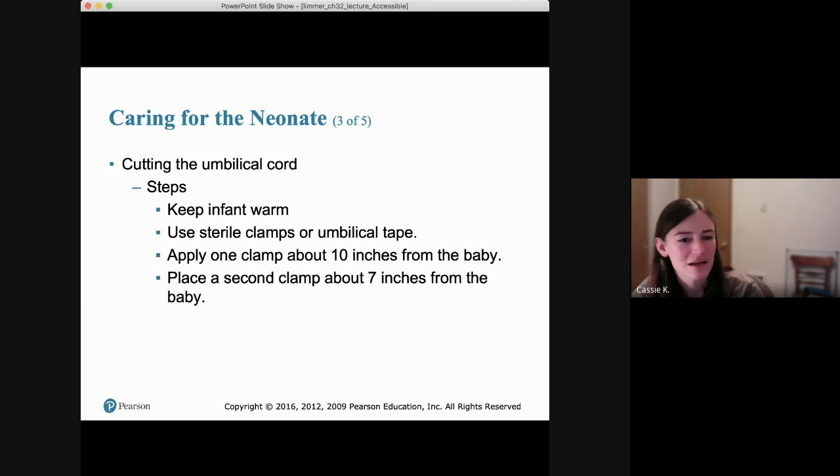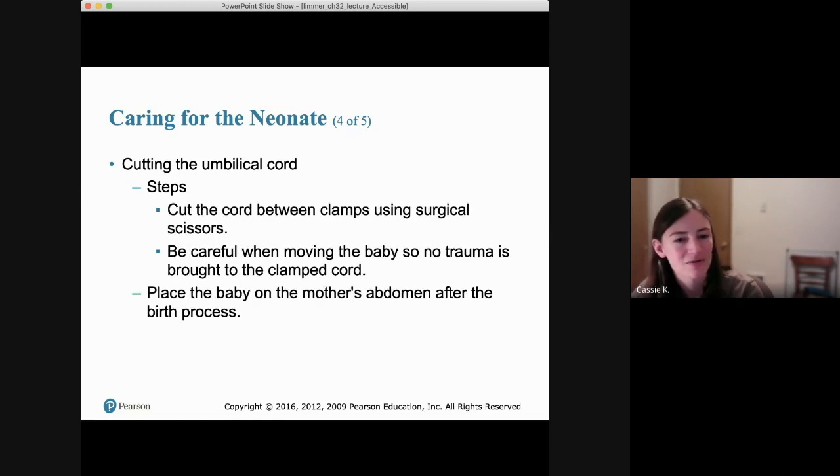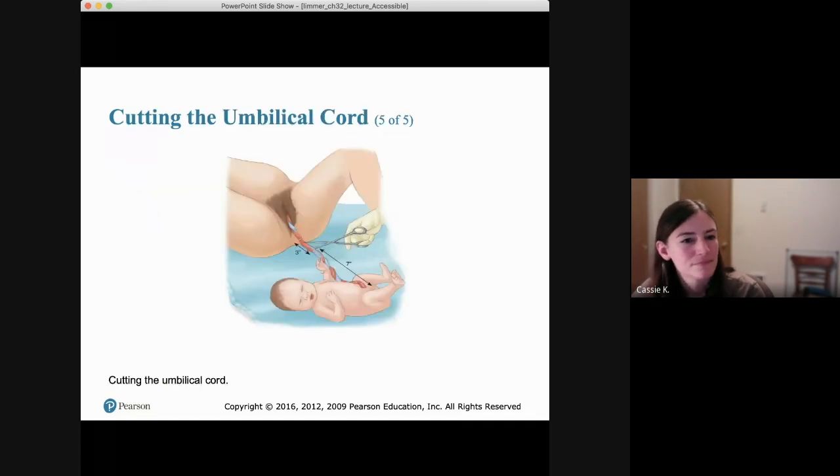We'll use sterile clamps or umbilical tape, one about 10 inches away, and the baby one about 7 inches away for the clamps, and then cut in between. And then afterwards, once you've got the baby dried off and wrapped, you can place it on the mother's abdomen. All right, so that's a picture showing where you put the 2 clamps and then cut in the middle.